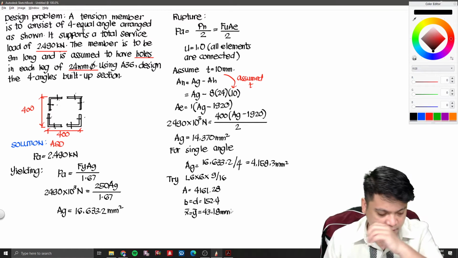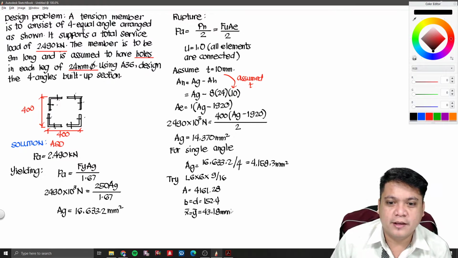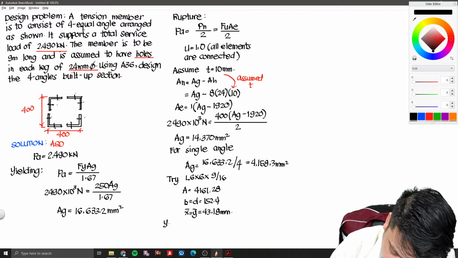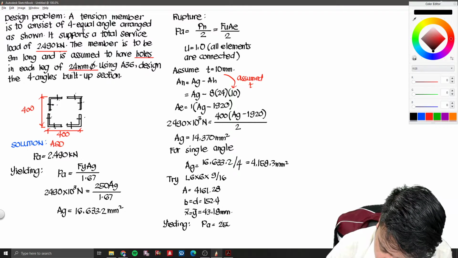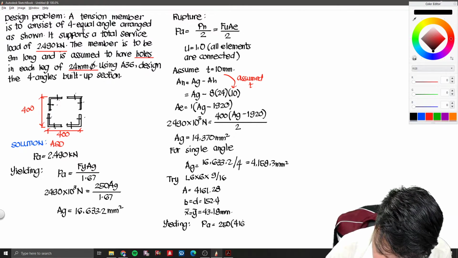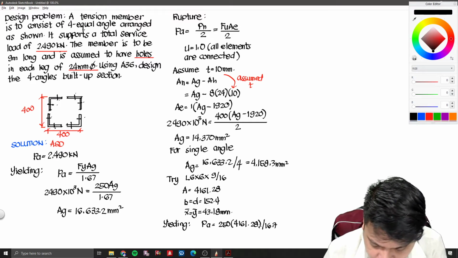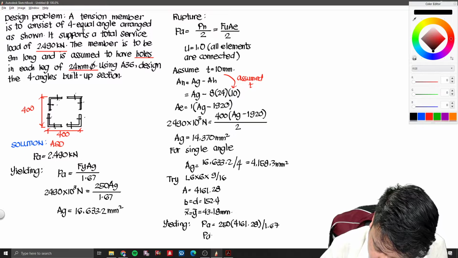Okay? So, with this, we can now check it. Okay? So, for the PA, again, for yielding, PA equals 250 times the gross area 4161.28, divided by 1.67. Divide by 1,000.